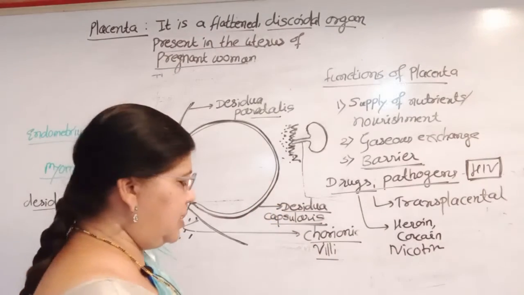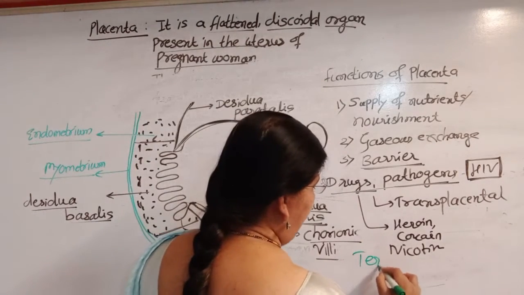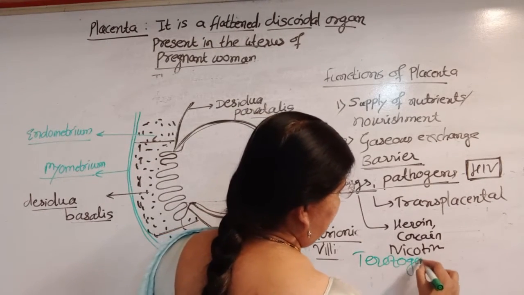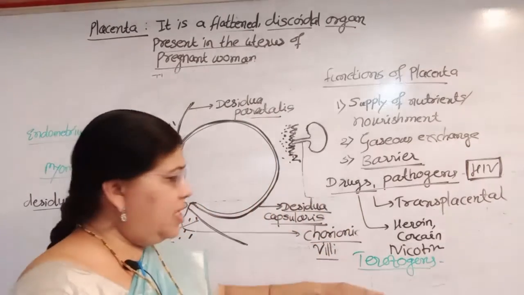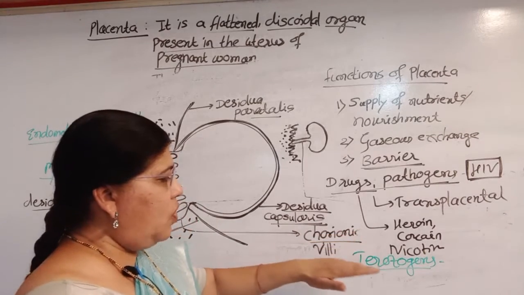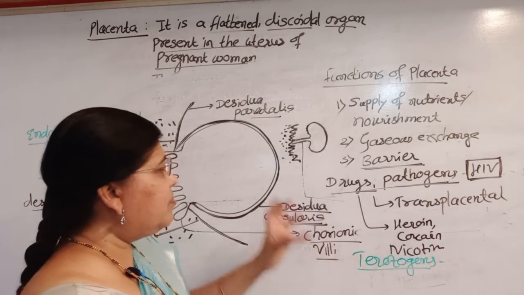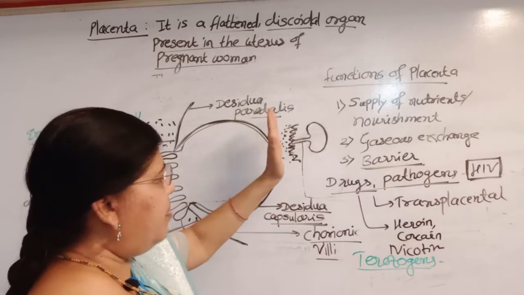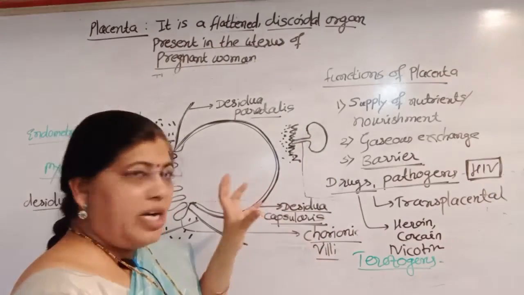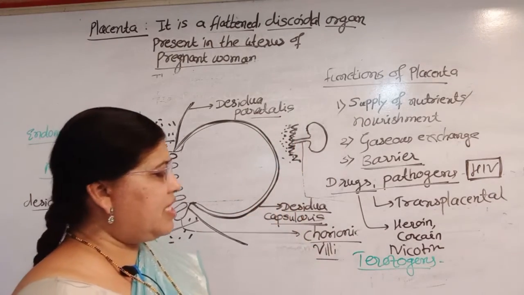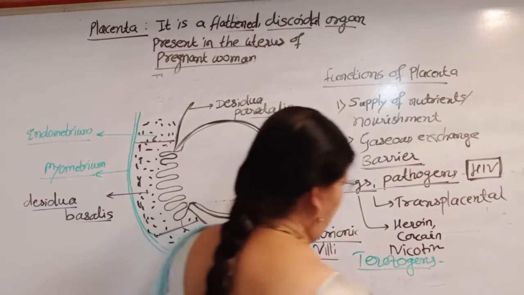Next. There are some substances which, when they cross the placenta, cause deformities in the fetus, and those substances are called teratogens. This is important terminology, teratogens. For example, mercury.